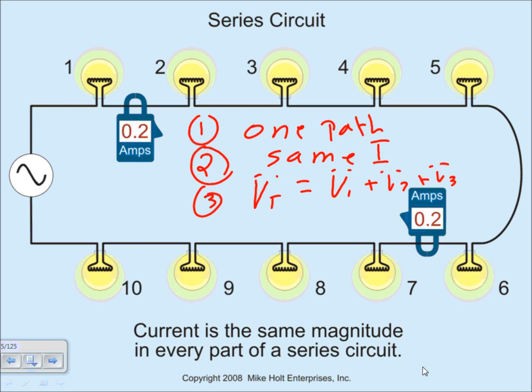Voltage adds up across the resistors. Number 4, P total, the total power adds up: P1 plus P2 plus P3. These are the rules. The current stays the same. It's a one-way street, you go just in a loop. The voltage adds up to the source voltage, as well as the power adds up to the total power.